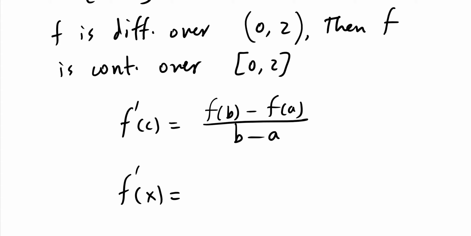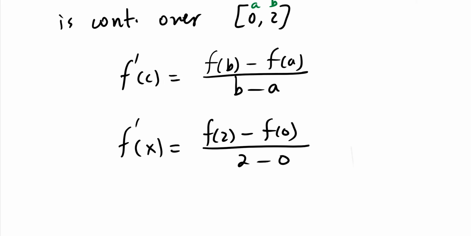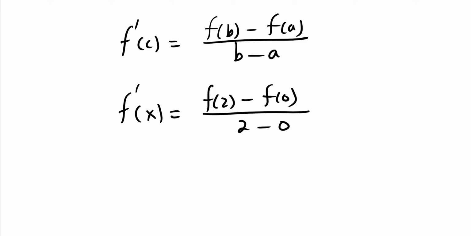Remember I chose the interval 0 to 2, so that's a and b. So that's f of 2 minus f of 0 over 2 minus 0. This is given to us as less than or equal to 5, so we can write this equation as an inequality.